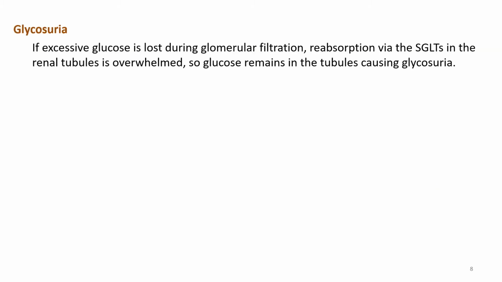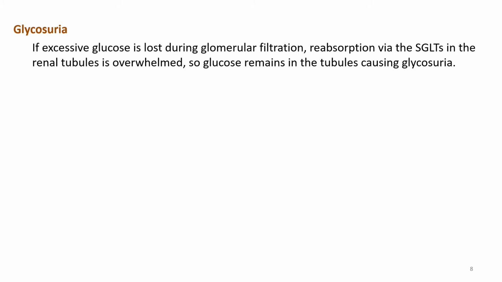So first up, glycosuria. If excessive glucose is lost through glomerular filtration, bear in mind during filtration, everything is filtered out. Things that we want, we then put in mechanisms in order to pull them back from the renal tubules into the circulation.